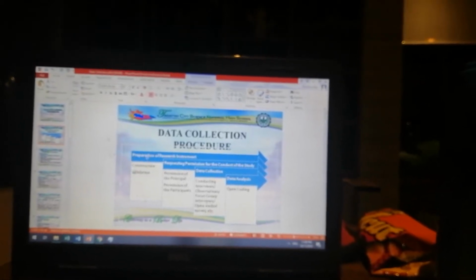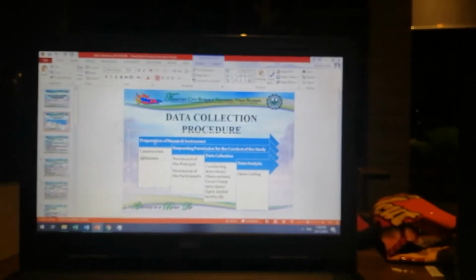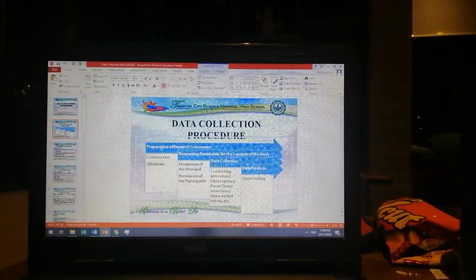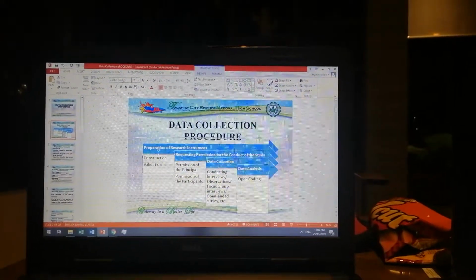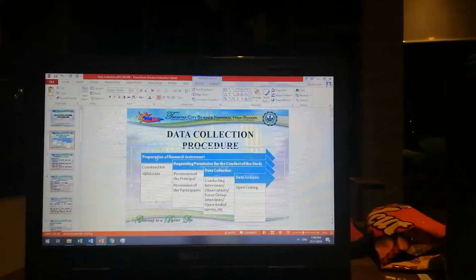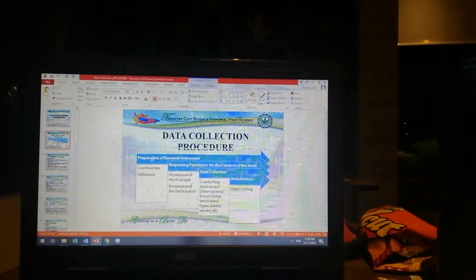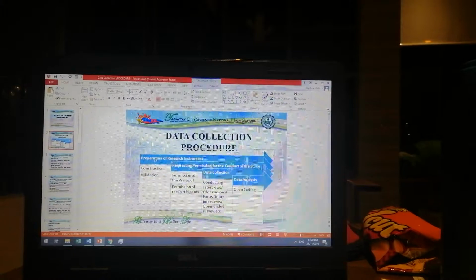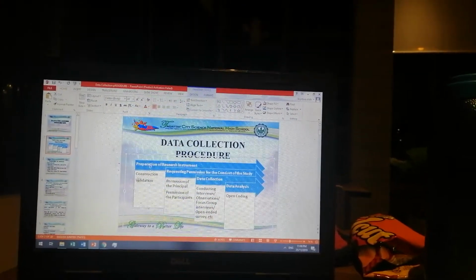Oh, wait. After the validation of expert, you have to conduct a sample administration of your instrument. So if you will be conducting quantitative research, you have to try your instrument to at least 15 students of the same characteristic of your population.